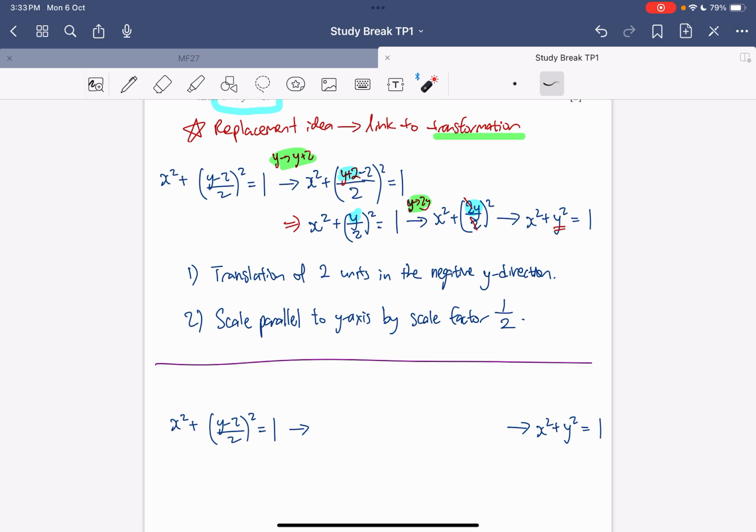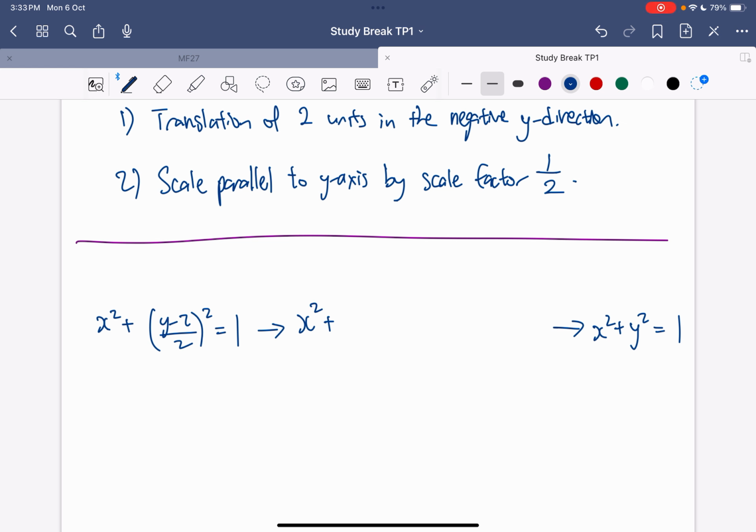So very quickly running through, if we want to scale first, meaning if we replace y by 2y first, like this, what we realize is after simplification, what we have is 2y divided by 2 is y, minus 2 divided by 2 is 1.